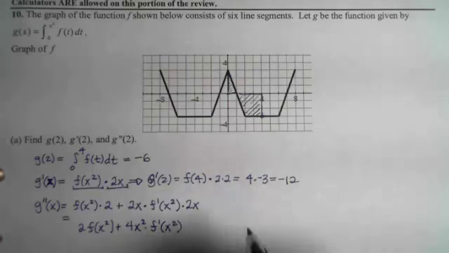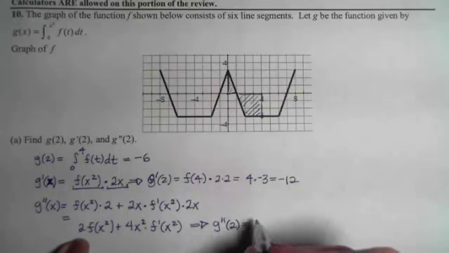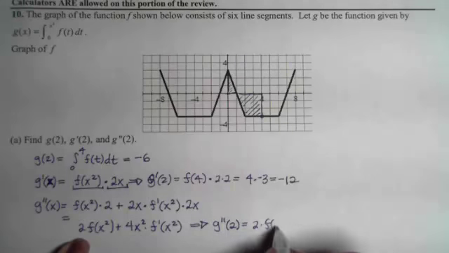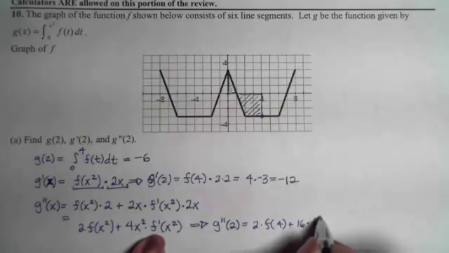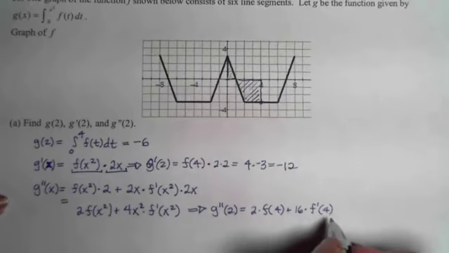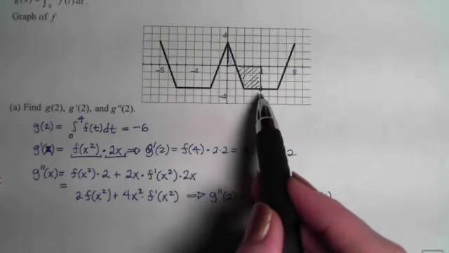evaluated at x squared. So now we're ready to see what g double prime of 2 will be. That's going to be 2 of those f of 4s plus 4 times 2 squared, which is 16, times the slope of f at 4. If I go look at the picture, I can see that f of 4 is the y-coordinate at 4.